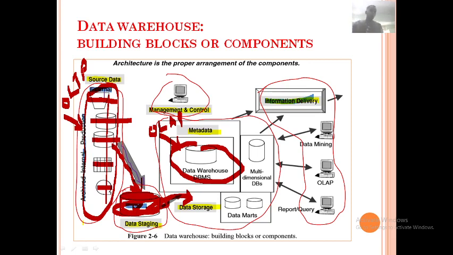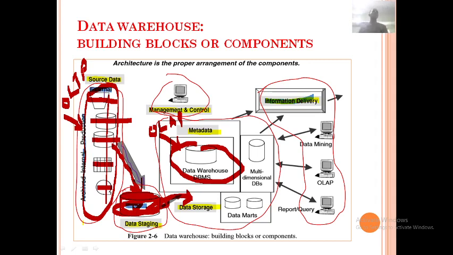So where are you getting the data for the data warehouse from? From the data staging. What is that data staging? Data staging is the place that provides space for storing, cleaning, and transforming, or better, extracting, transforming and loading. From where will this data staging get the data?